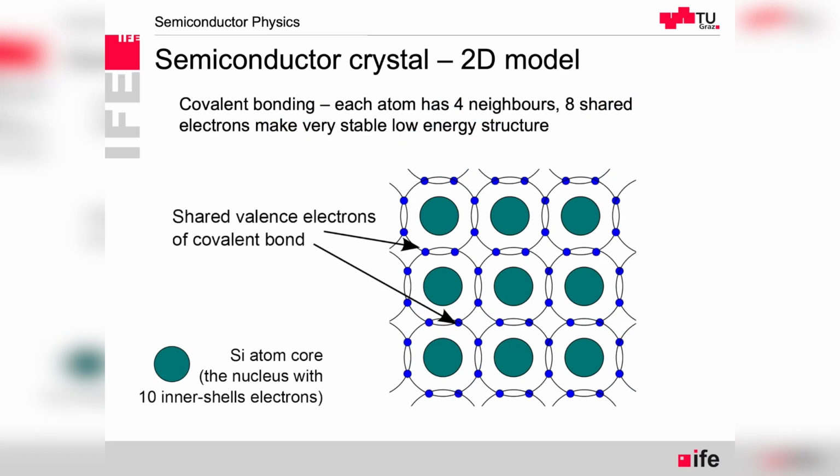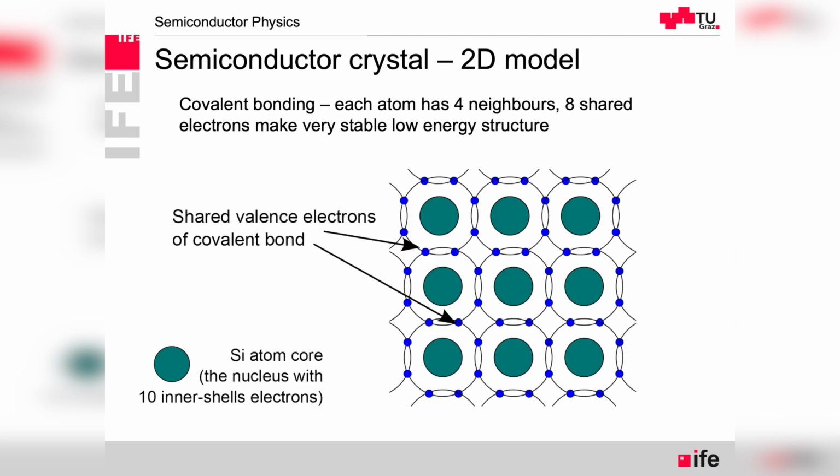If we make a drawing with a model of the crystal of the semiconductor, we can draw it like that. Every atom makes covalent bonding with its neighbors. With each neighbor it has one covalent bond, and that means the silicon atom, which has 4 valence electrons, can make a maximum of 4 bonds.